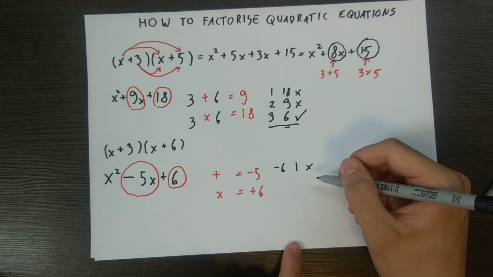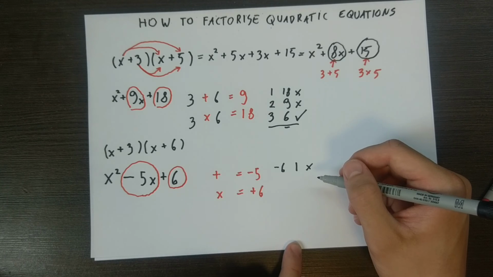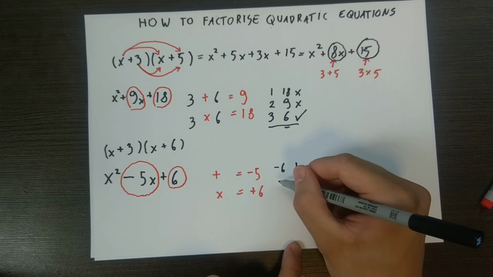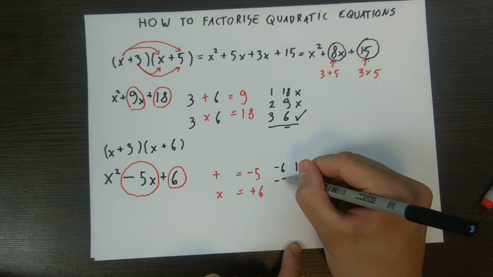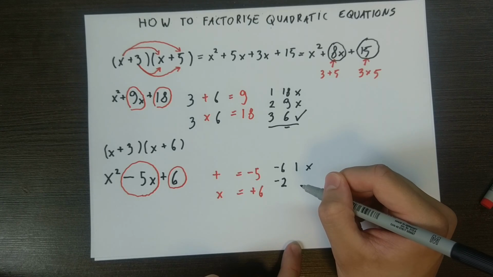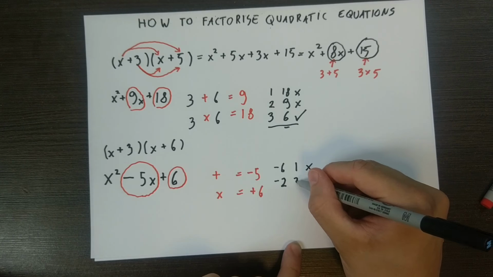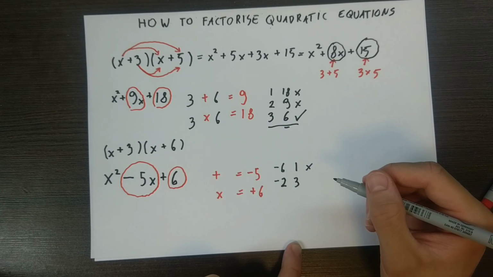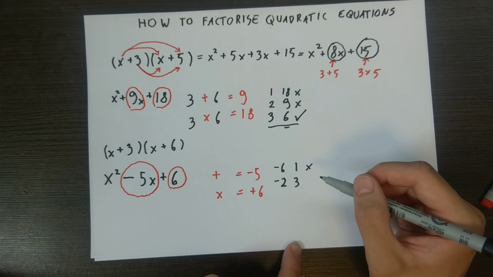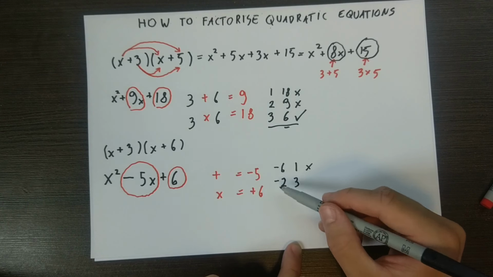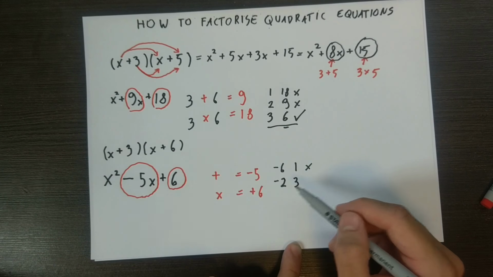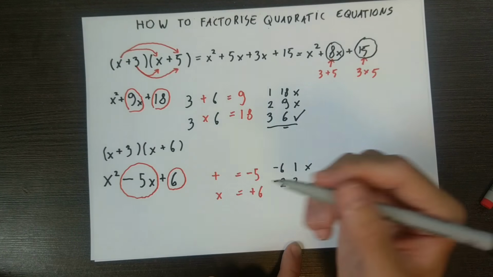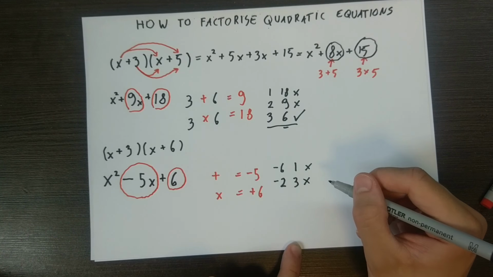We could try negative 2 and a 3. That will not work at all, because it will give us a negative 6, and adding gives us positive 1. That does not work at all.